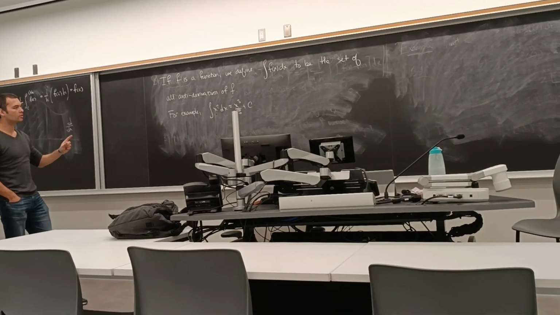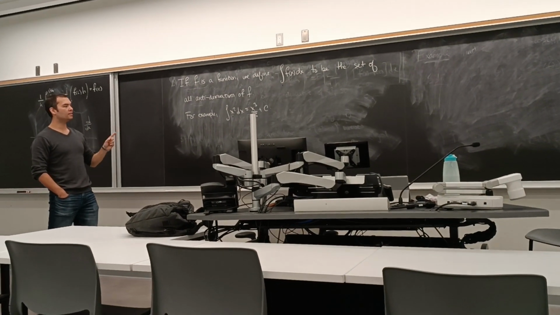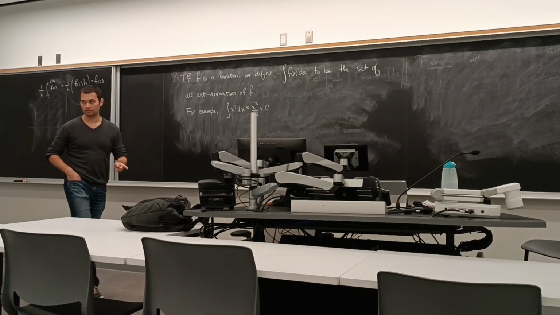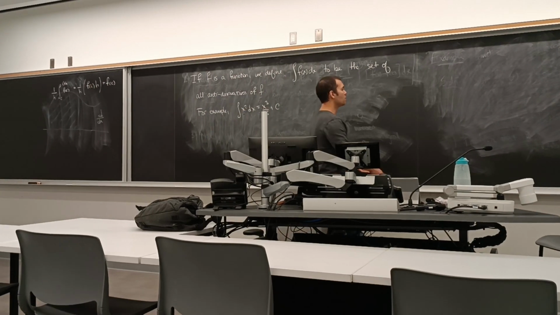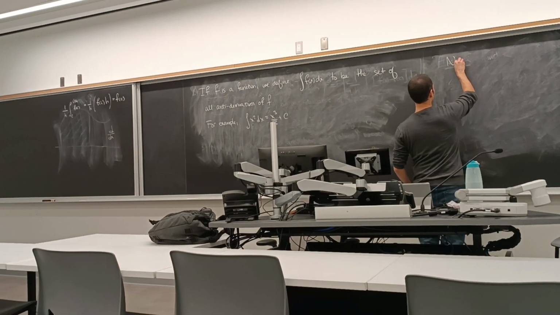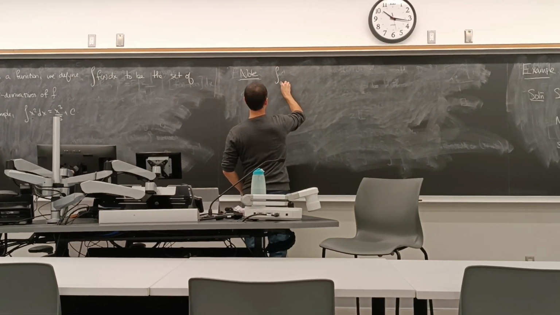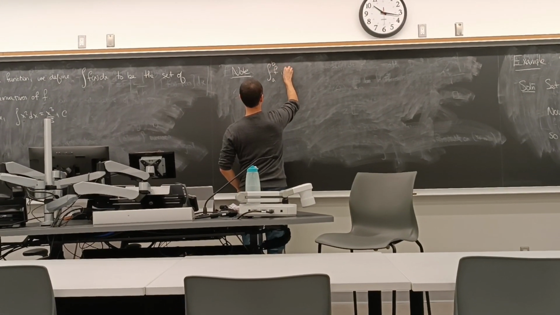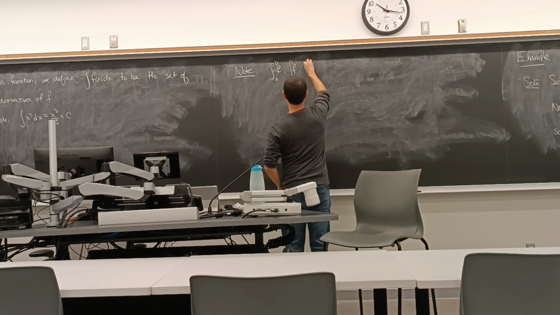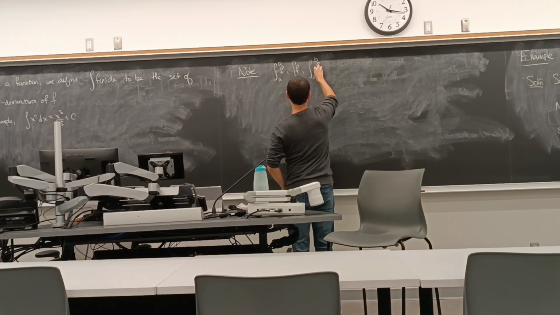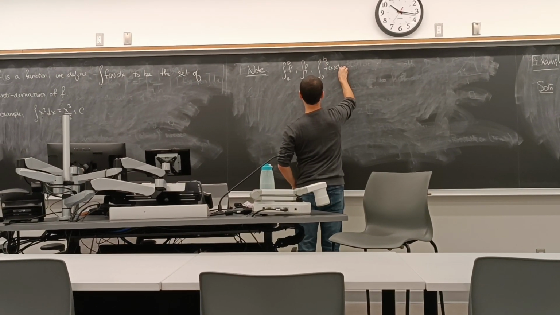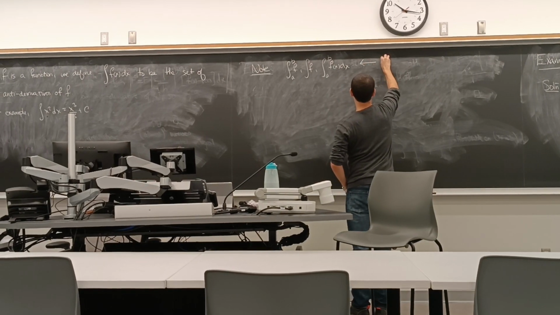Now, notationally, what this means is that we've overridden the integral sign a lot, right? We've used it to mean a lot of things. So let's note the following. The integral from a to b of f, the integral from a to b of f of x dx, these are real numbers.